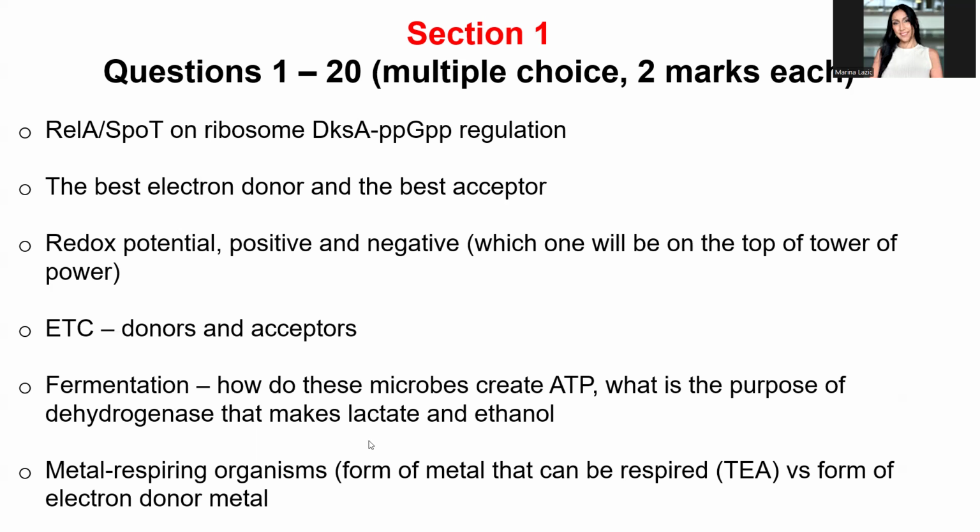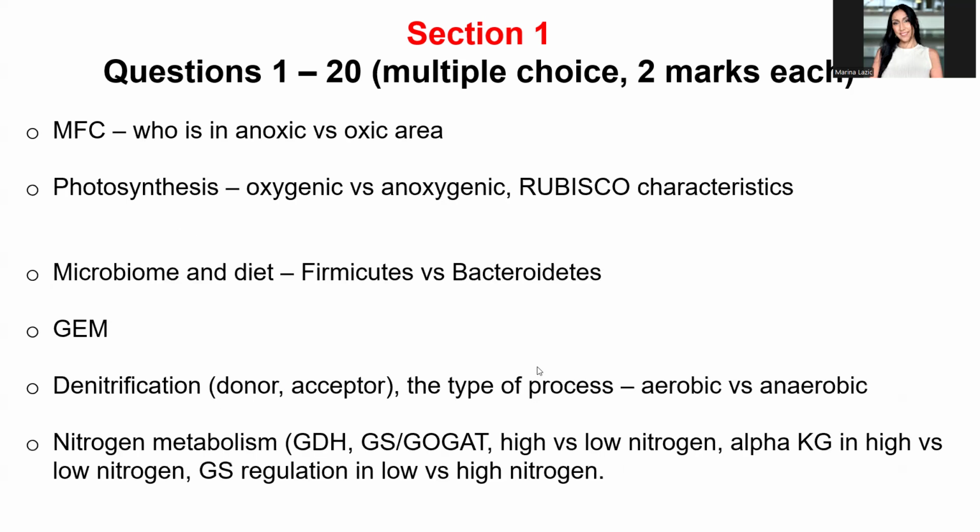Metal respiring organisms: know the form of metal that can be respired, that can be the terminal electron acceptor, versus the form of metal which will be the electron donor, like iron 2 plus, iron 3 plus. Microbial fuel cell: what is anoxic? What is the anoxic area? Who lives where, and what's happening in anoxic versus oxic?